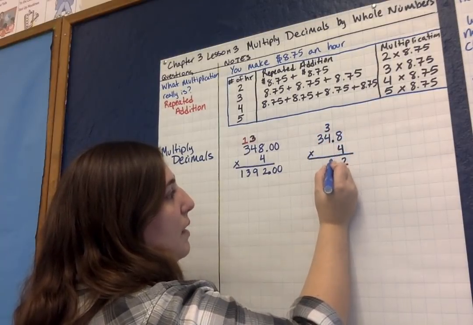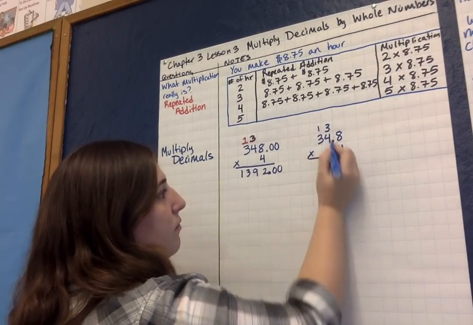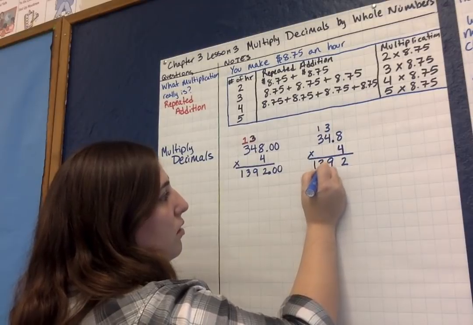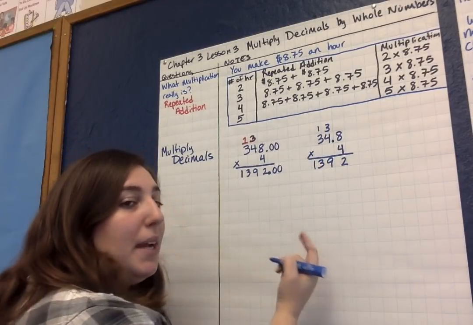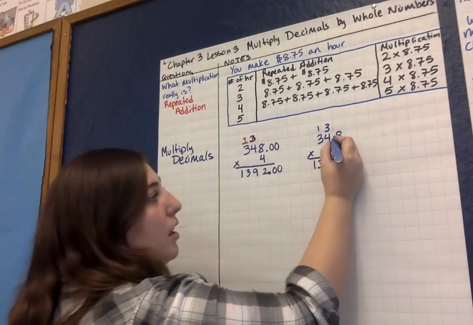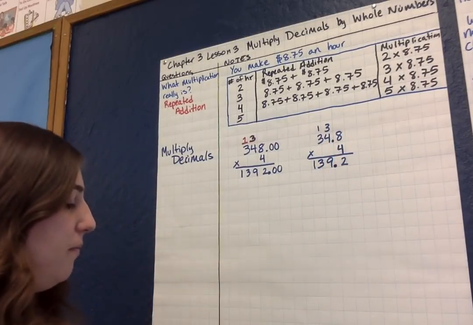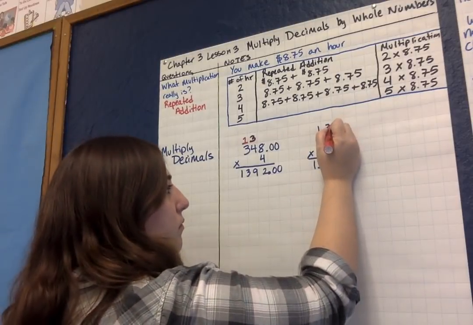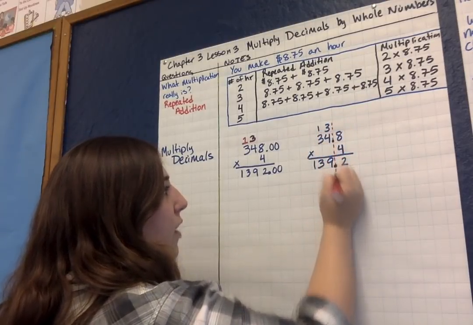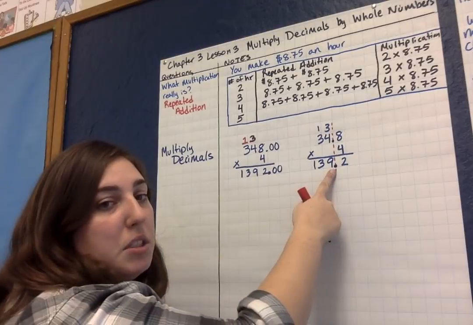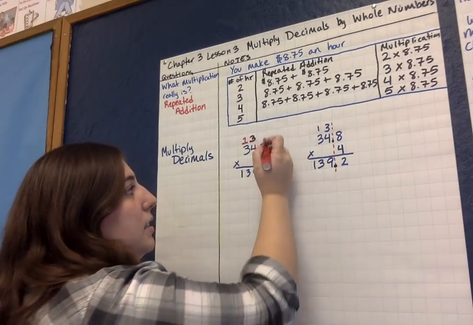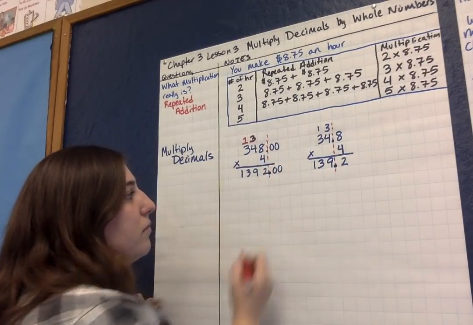We're going to do the same things. Okay, now I'm going to put my decimal in the same spot. So my decimal is up here, so that means I'm going to drop it down here. And if I draw a dotted line, that decimal is on the same dotted line. Same thing with over here.